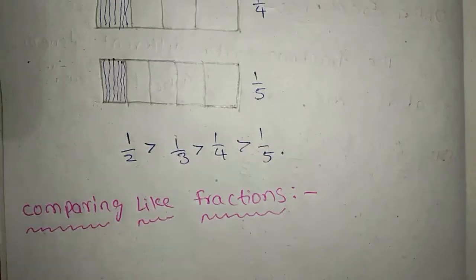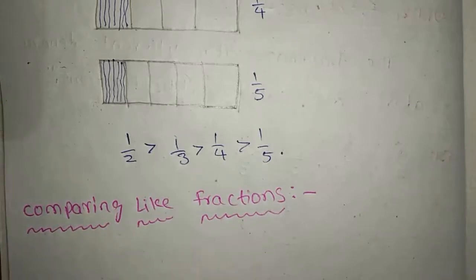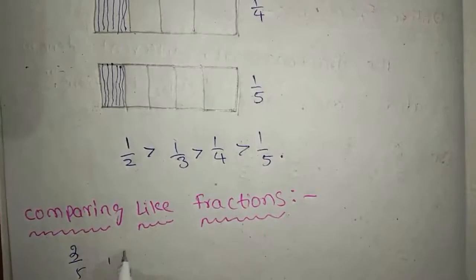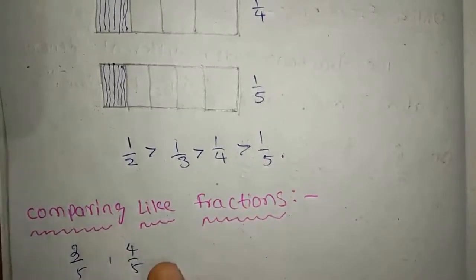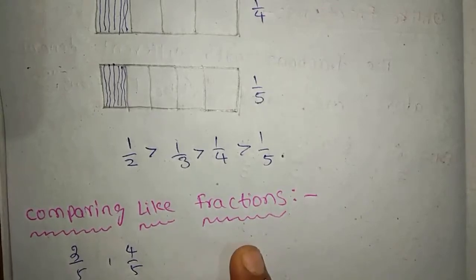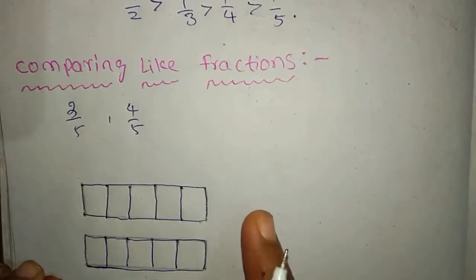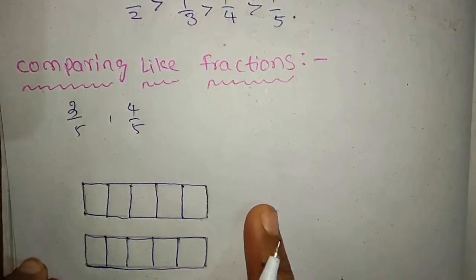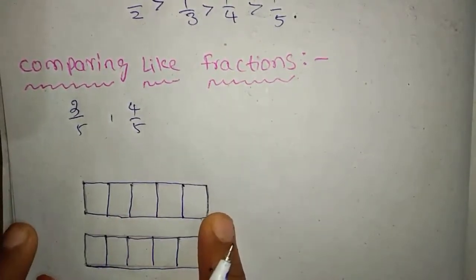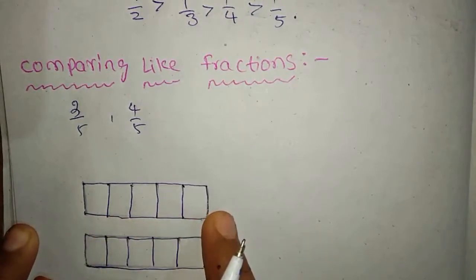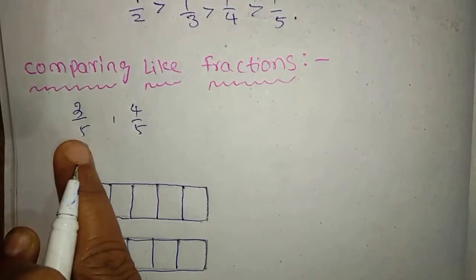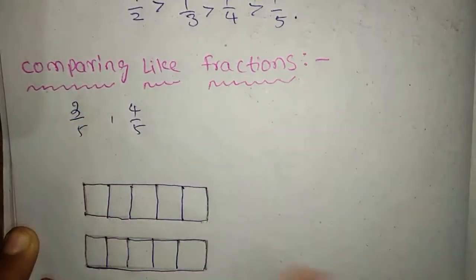Now let us take the two like fractions, 3/5 and 4/5. Let us take two rectangles which are divided into 5 equal parts.